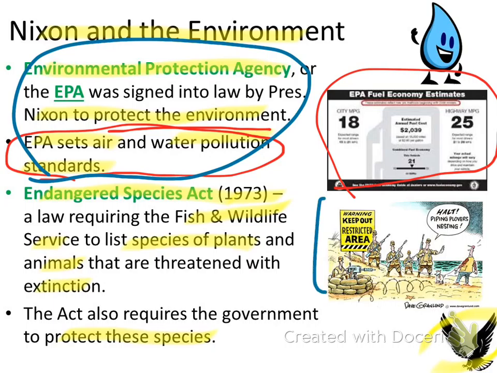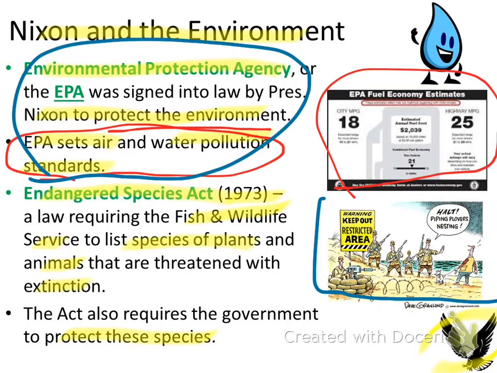Here we have in the middle a little bit of political cartoon. Here's a guy on the beach taking his dog for a walk, and you have armed soldiers protecting piping plovers. I don't even know if that's a real bird, but maybe.